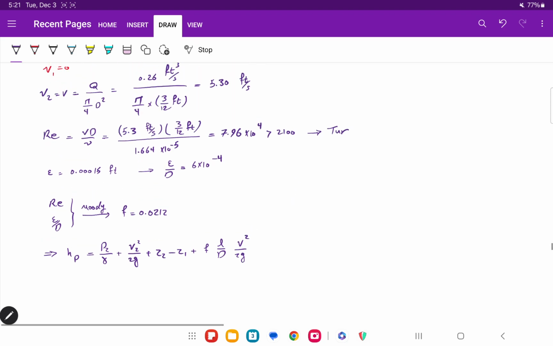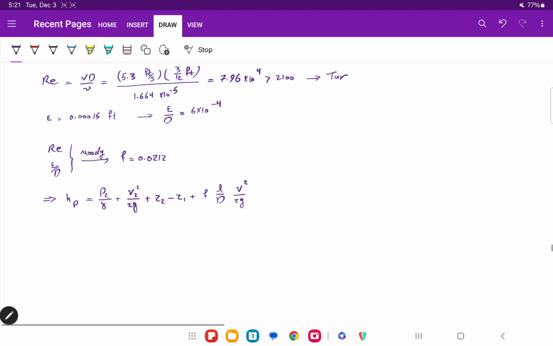Remember that V equals V2 because the diameter of the pipe is constant. So HP equals P2 over gamma plus Z2 minus Z1 plus, if we factor out V square over 2G, we would have 1 plus FL over D. And now you have everything.